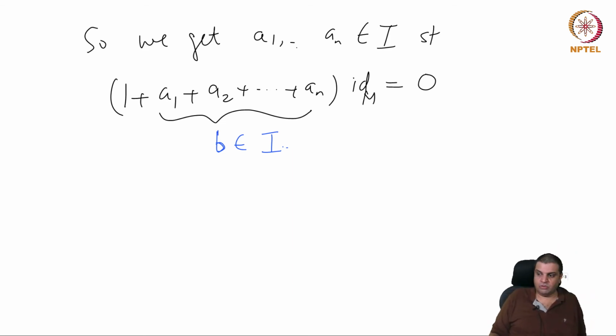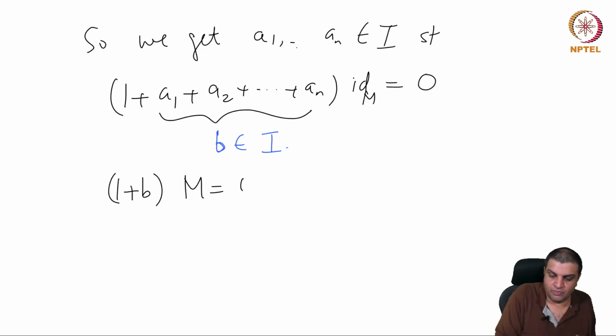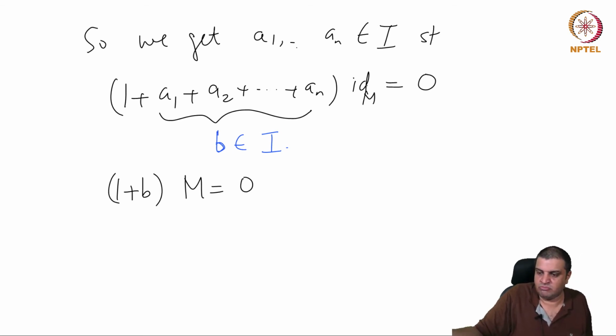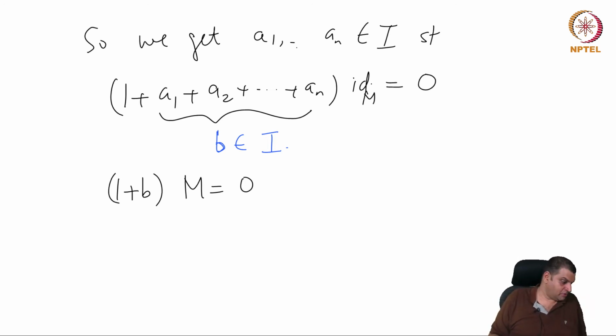Now what do we know? 1 plus B times M is 0, right? Because 1 plus B times the identity on M doesn't change M at all. If you take this whole map and apply it to an element of M, it is just this element multiplying that element of M. So 1 plus B times M is 0.